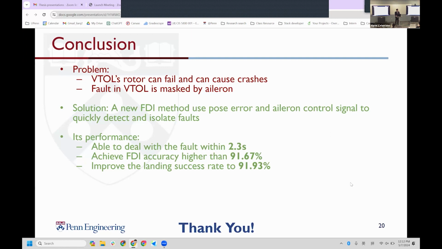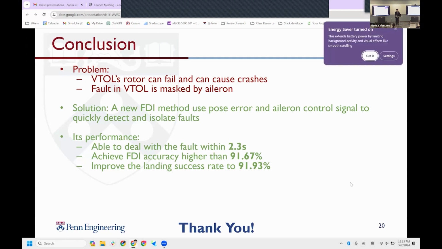Okay, so the other question I have is, when you detect this fault, you're assuming it's a binary thing. It's detected and therefore the rotor is faulty, right? But do you keep monitoring to see if the rotor recovers on its own?